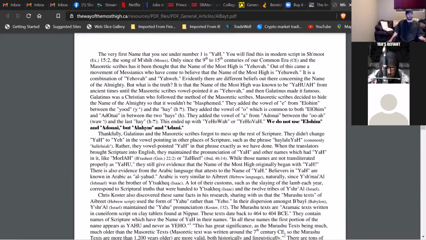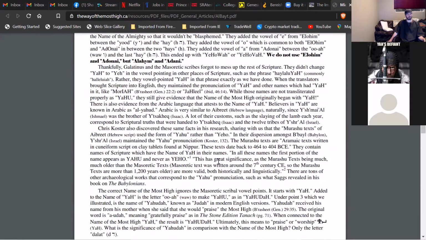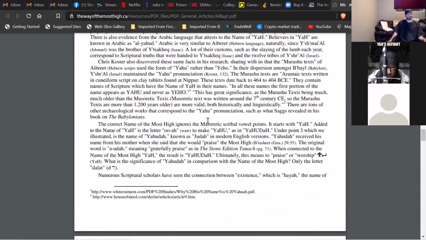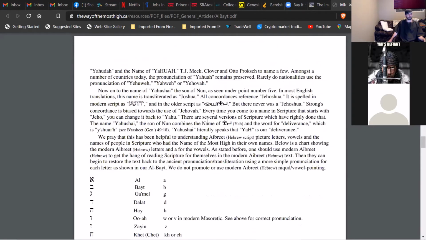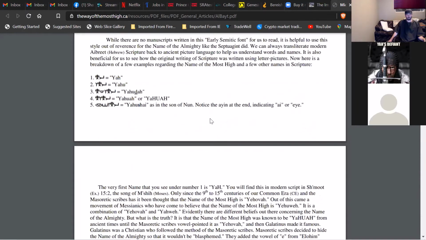And then I've got an explanation of the difference between how things developed from older Aibreet, older Hebrew, to modern Masoretic. So this gives people some ideas to the development of other things. So let's get back up to our letters.